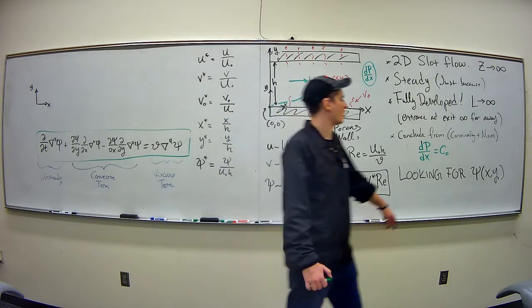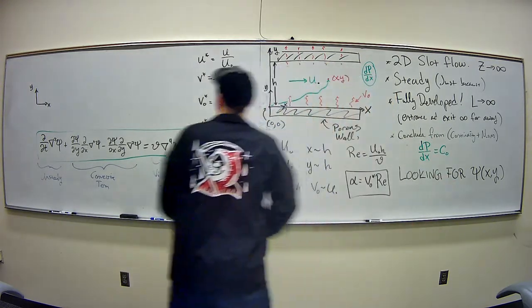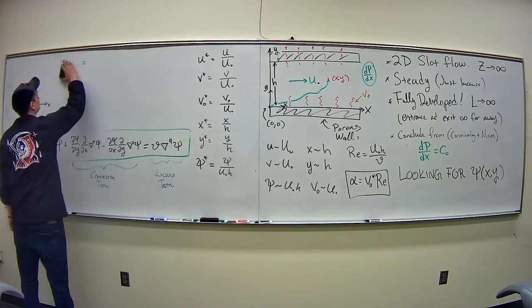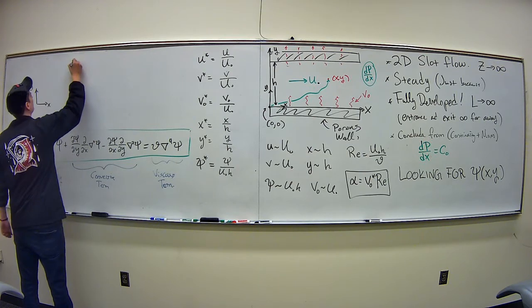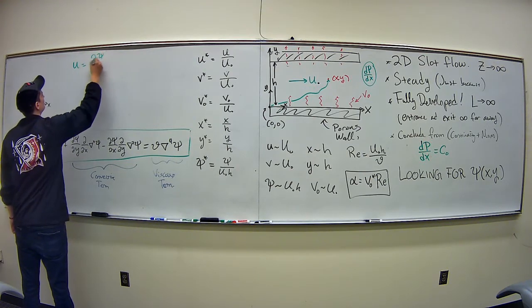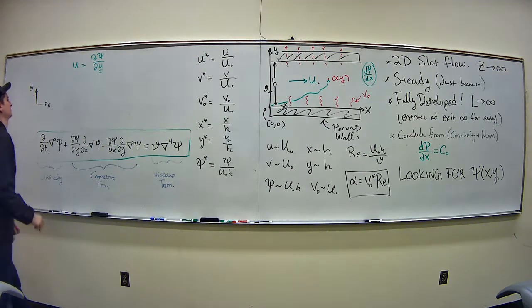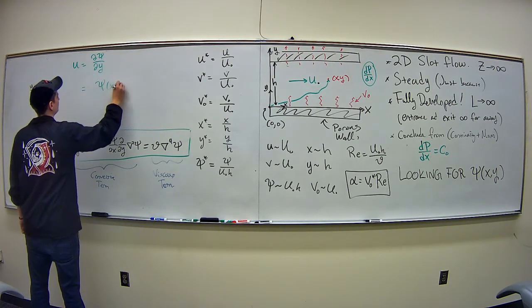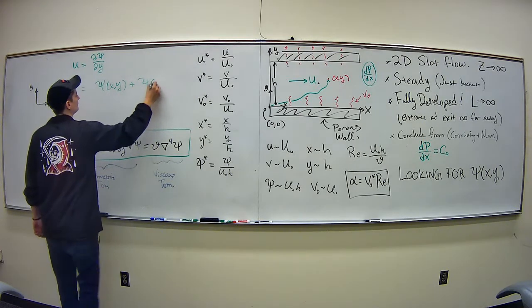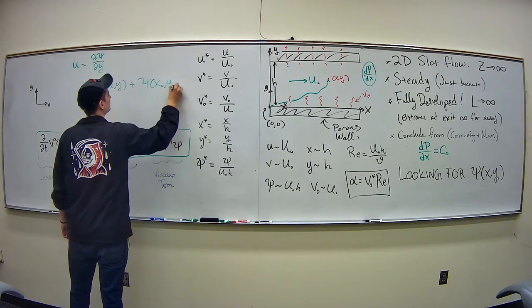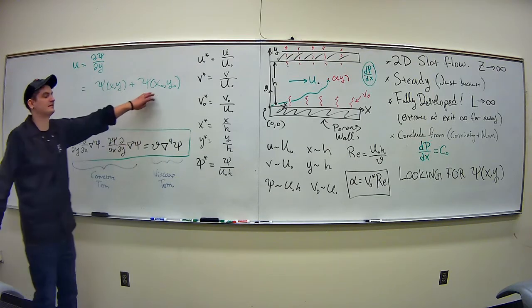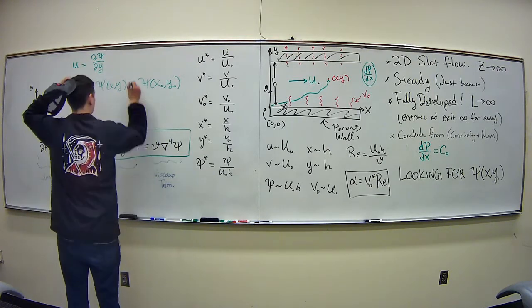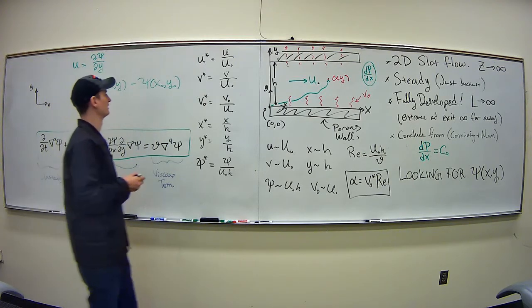Since stream functions are always defined in terms of derivatives, maybe you notice this. If u and v, so u is equal to some derivative term, you could have a psi function plus any point, or minus for that matter, which is what we do right here.